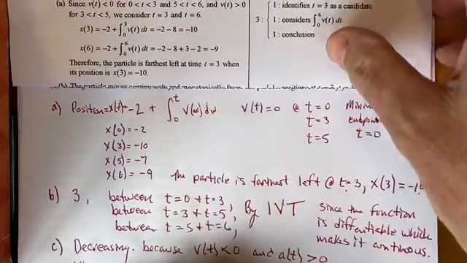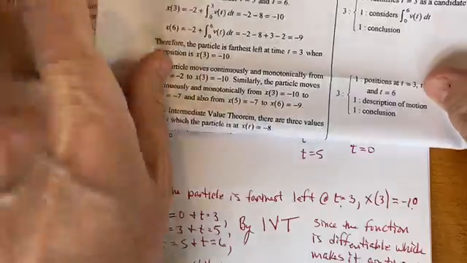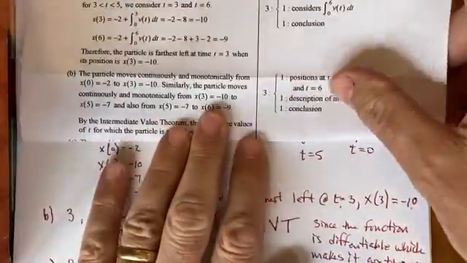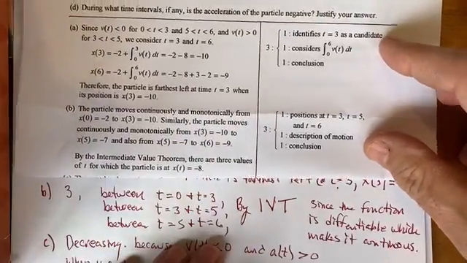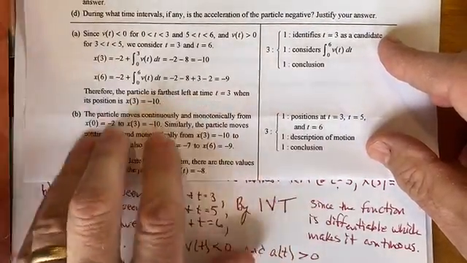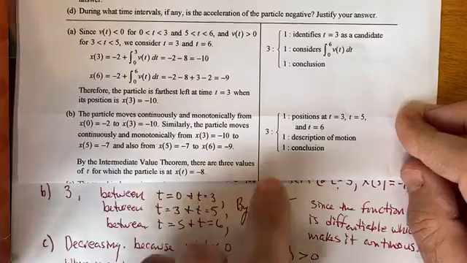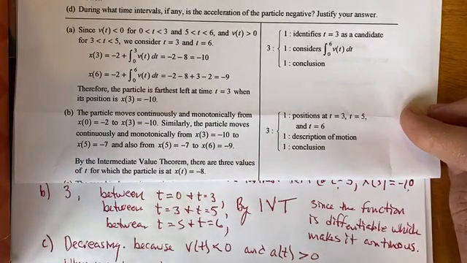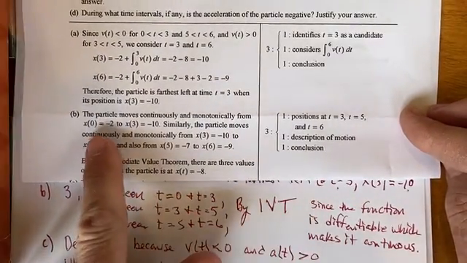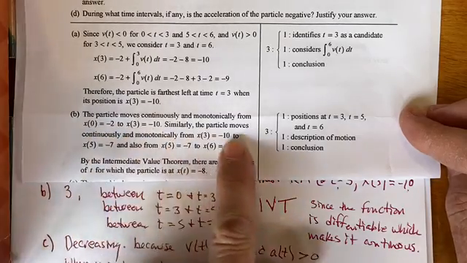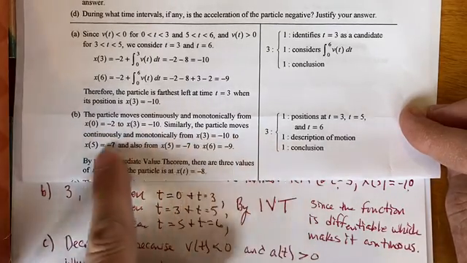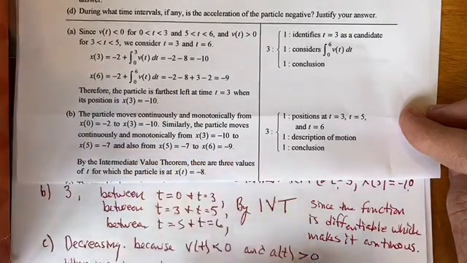Okay, so B scores: you get points for the particle moves continuously and monotonically from time equals 2 to 3, 3 to 5, 5 to 6.